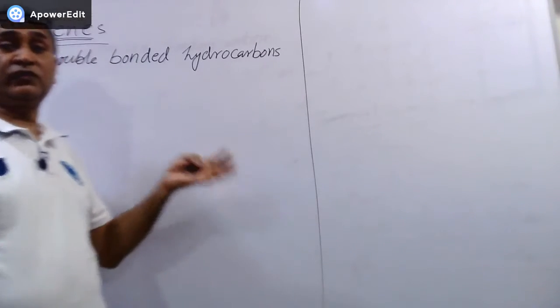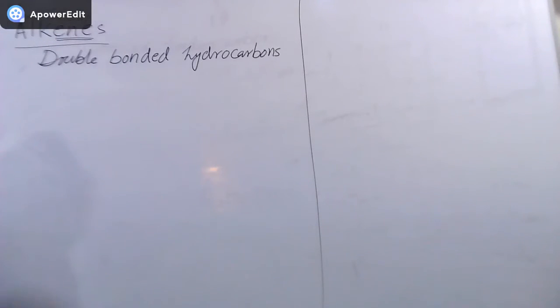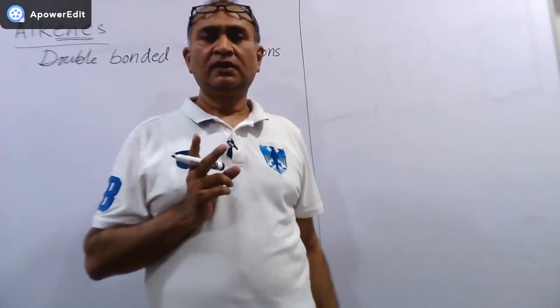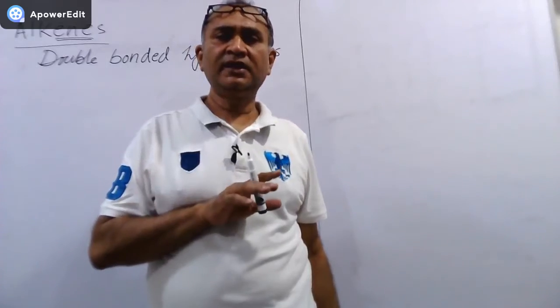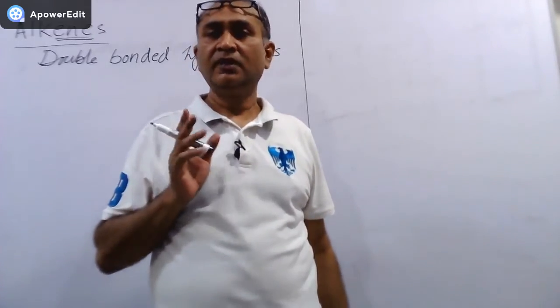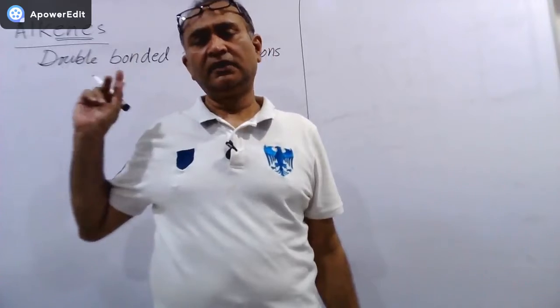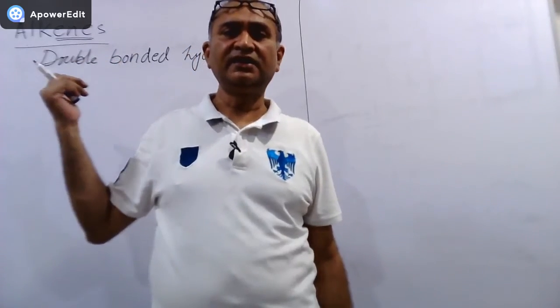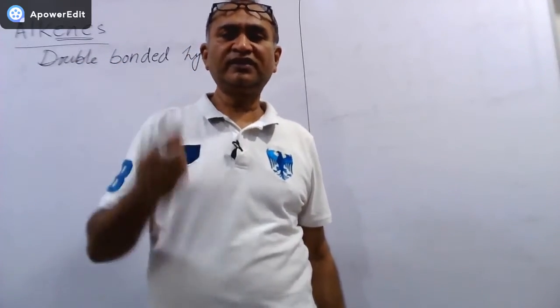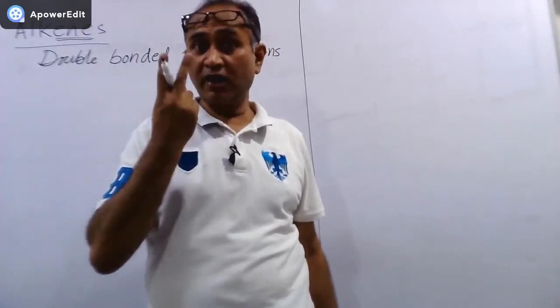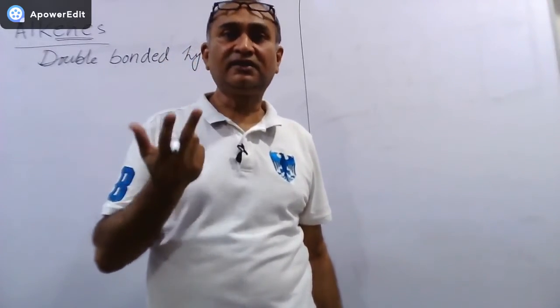So what is the suffix for alkene? Ene. It means there should be at least 2 carbons which are double bondedly connected to each other. Means there is no concept of one carbon having an alkene. So which is the first compound of alkene requiring 2 carbons at least? Eth.